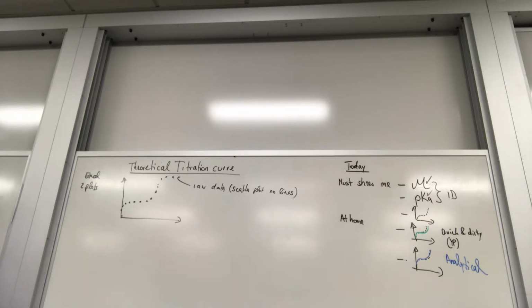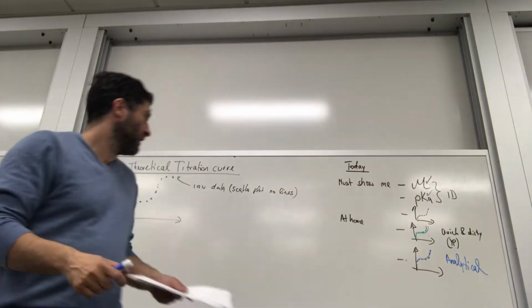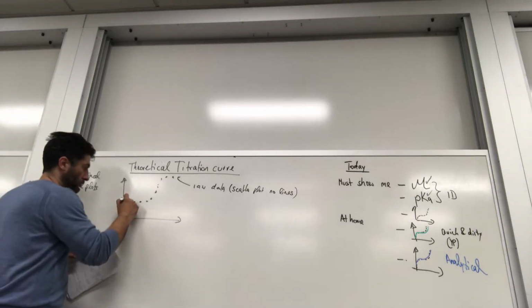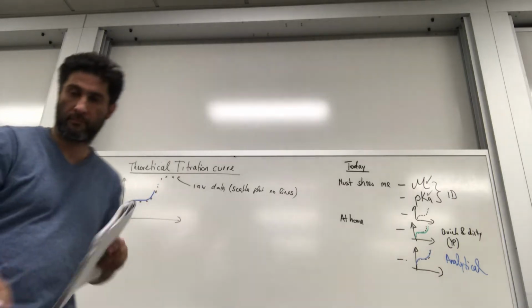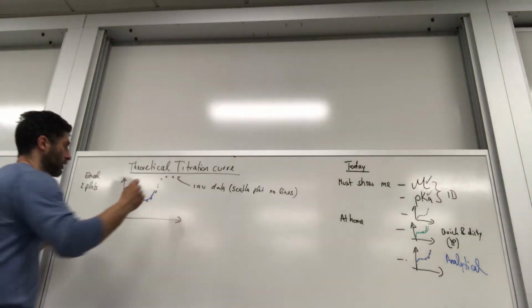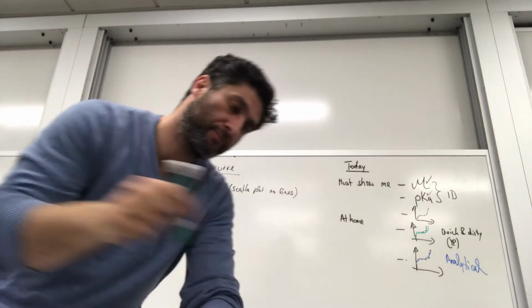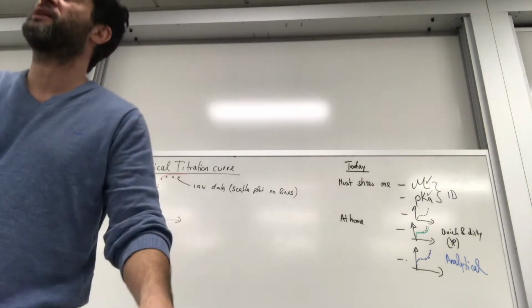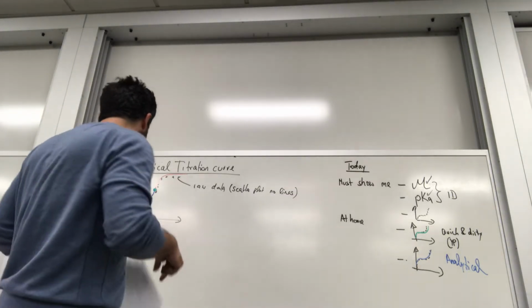So that is one graph, and then the second graph is a constructed graph with Excel.